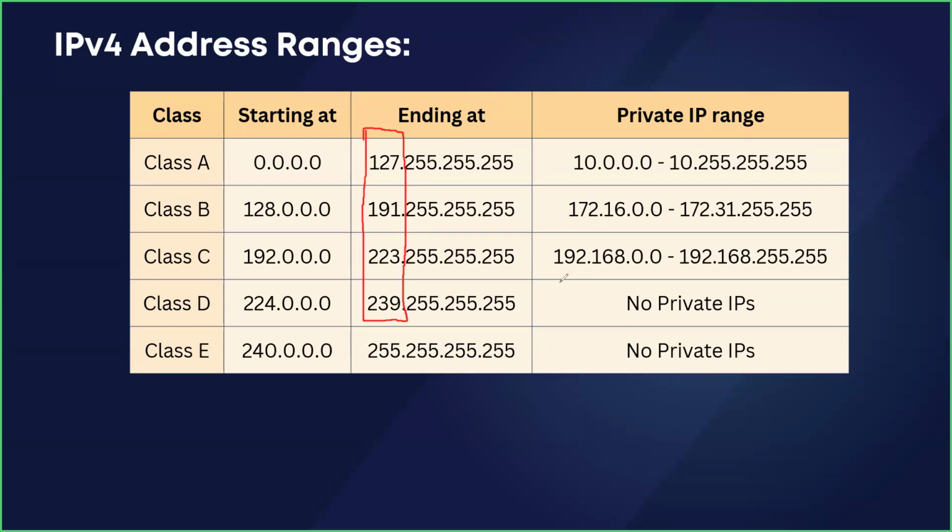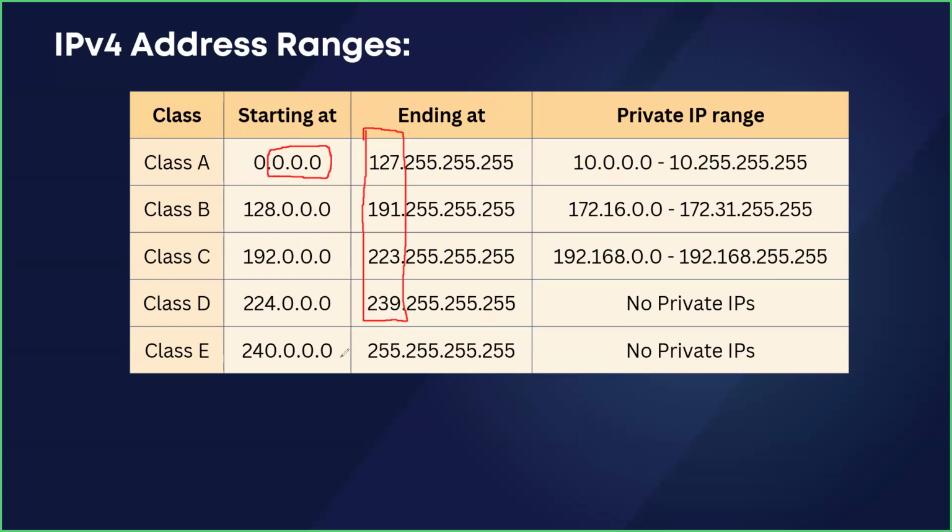Because from these four numbers itself, you automatically get the next range: 0 to 127, 128 to 191, 192 to 223, 224 to 239, and 240 to 255. On the left side, you have all even numbers: 0, 128, 192, 224, 240. And on the right side, you have all odd numbers. On the left side, you have all zeros in the ending three octets.